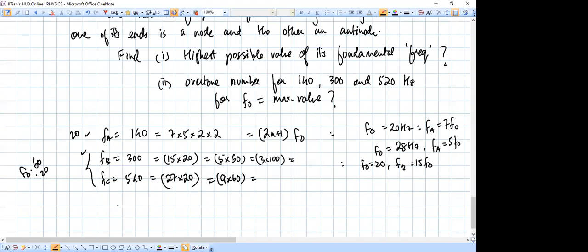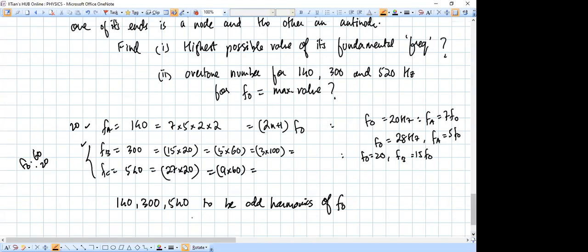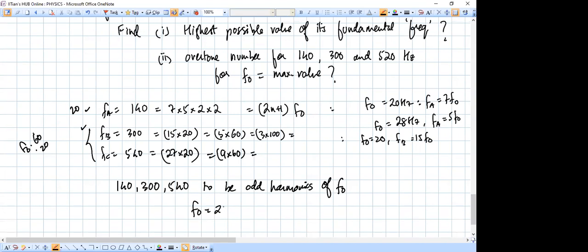So for 140, 300 and 540 to be odd harmonics of some fundamental, there's only a unique value of fundamental possible. f0 equal to 20 hertz is the unique case.